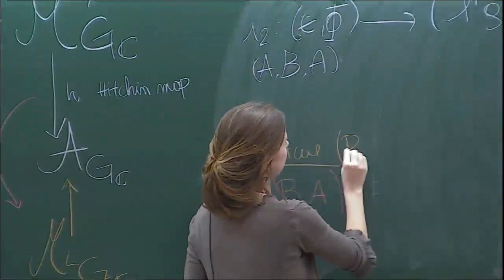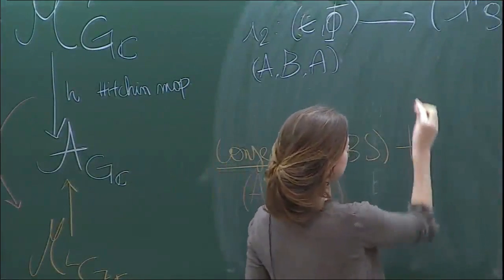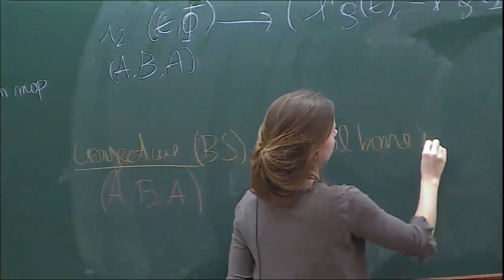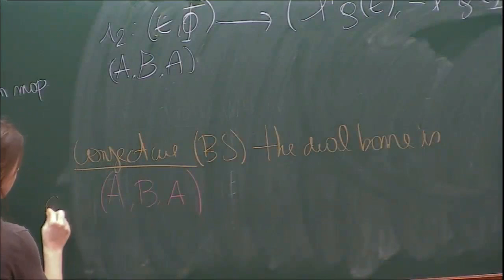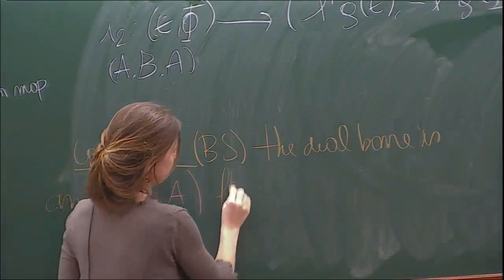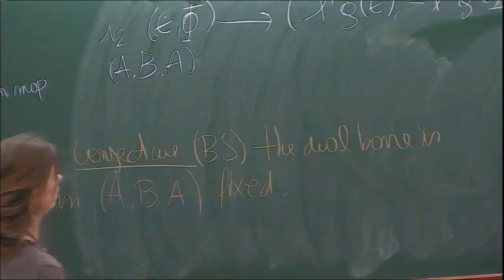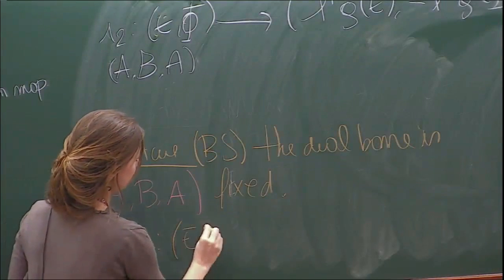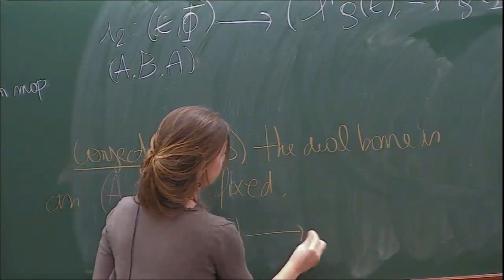The conjecture here with David Baraglia is that the dual brane to this one is an ABA brane fixed. And you can see who the involution is going to be. It's going to be some kind of dual involution where what we're taking is really the same type of thing.